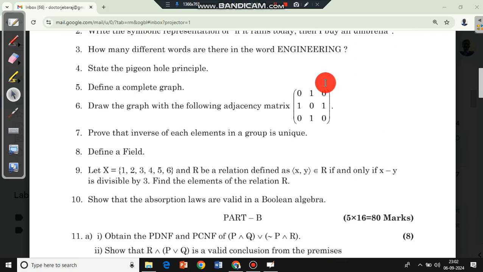Now we are currently discussing unit number 3. Therefore I have to take 2 more questions in unit number 3 today.